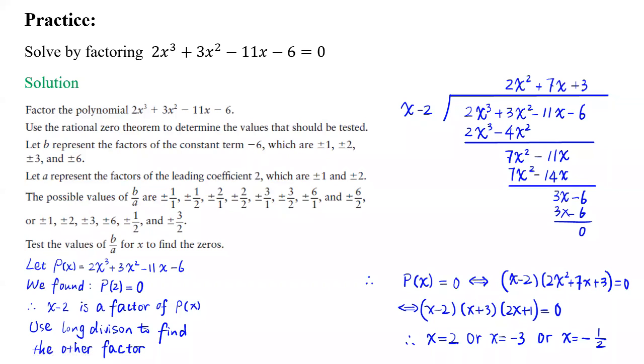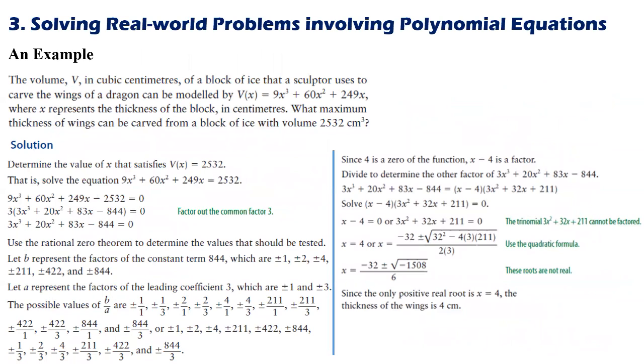All right, next, let's have a look at an example of solving real-world problems involving polynomial equations. Okay, so this time, suppose the volume V in cubic centimeters of a block of ice that the sculptor uses to carve the wings of a dragon can be modeled by this function.